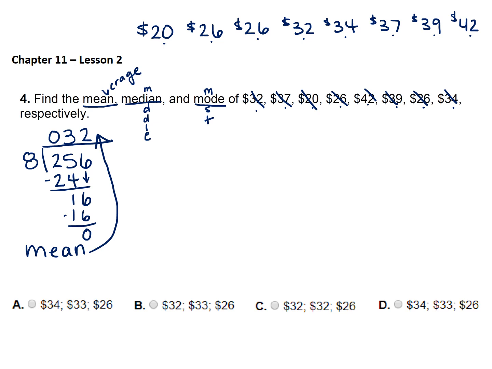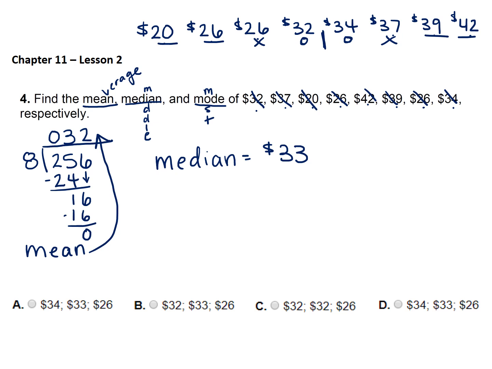Now the median, we have to count to the center. So I'm going to go left, left, right, right, left, right, left, right, and then what's in the middle? What would be in the middle of 32 and 34? Well, that would be 33. So the median equals $33.